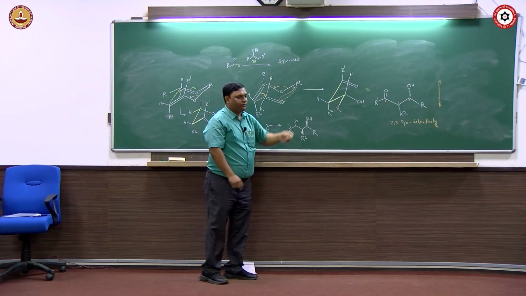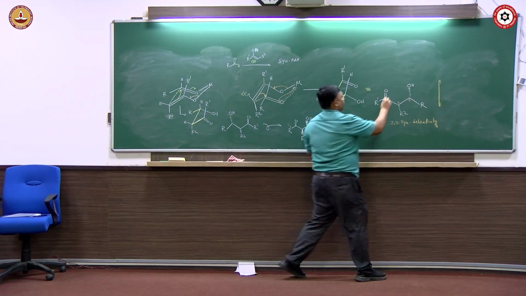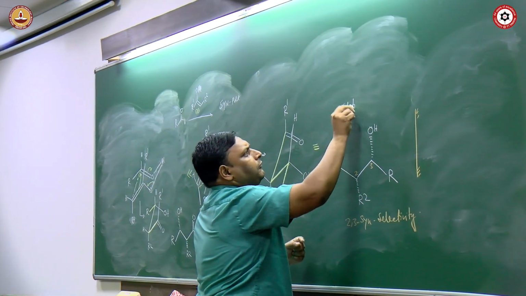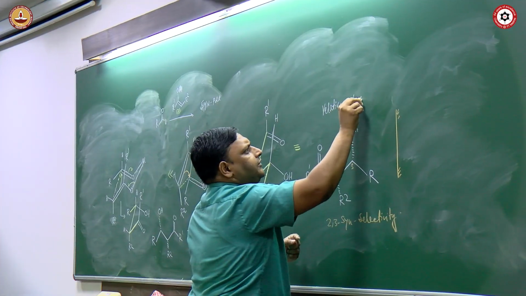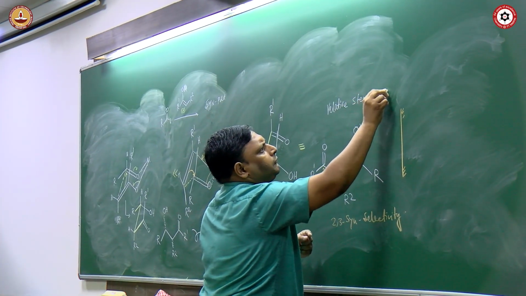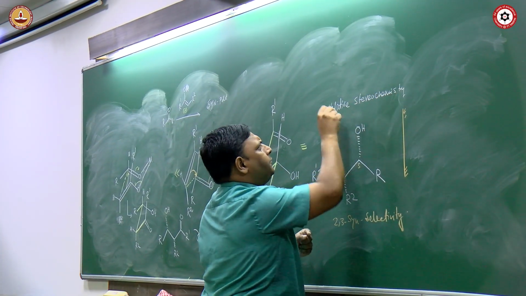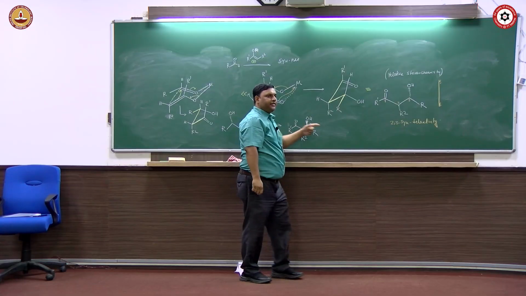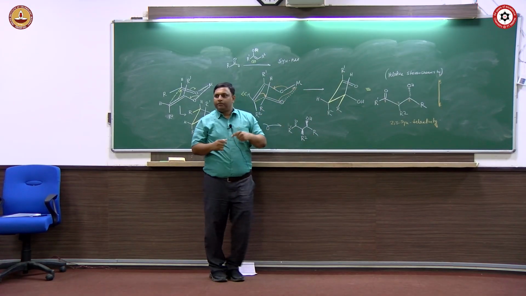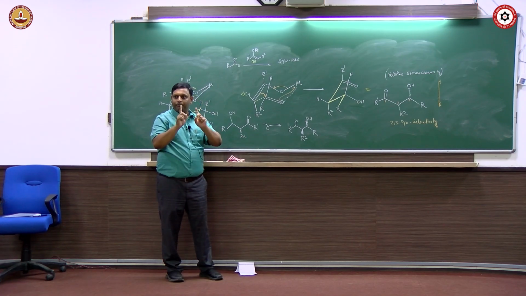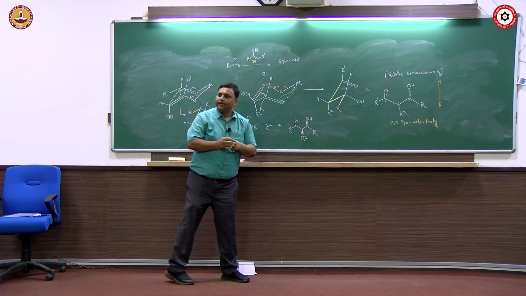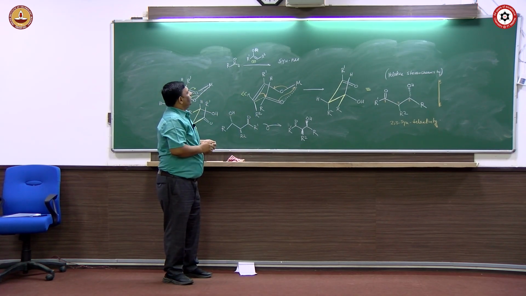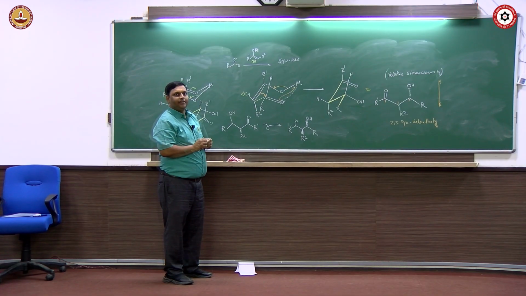So these two are going to form, but the relative stereochemistry would be maintained in both cases. This is also syn, this is also syn. But in this syn, the two are in the beta, in the other syn, two are in alpha position. So this is what is the syn selectivity.